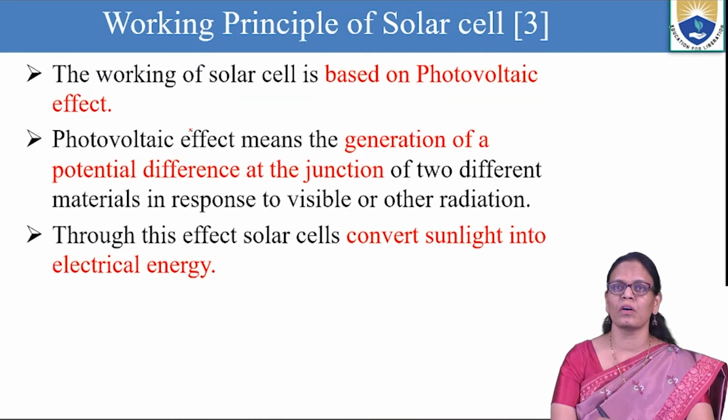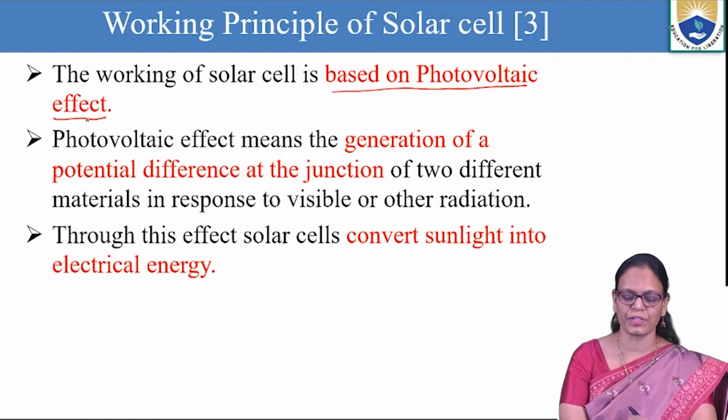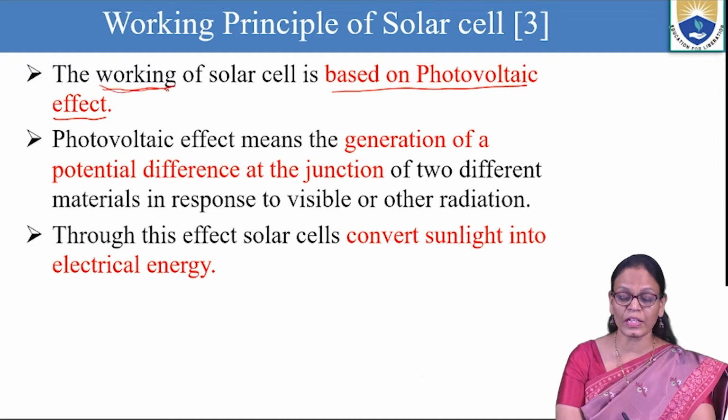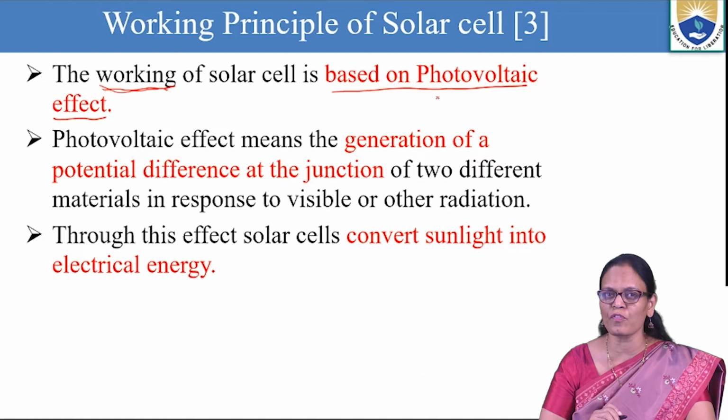And the working of a solar cell is based on the photovoltaic effect. So now we are going to discuss the working. So the working depends on what? The photovoltaic effect. What is the photovoltaic effect? It is nothing but the generation of potential difference at the junction of two different materials in response to visible radiation or any other radiation.